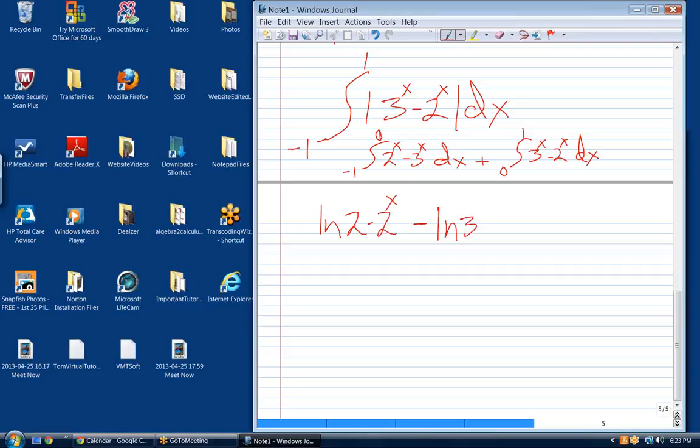Natural log 3 times 3 to the x. So let's evaluate that from -1 to 0. So what's 2 to the 0th? 1. And 3 to the 0th? Also 1.